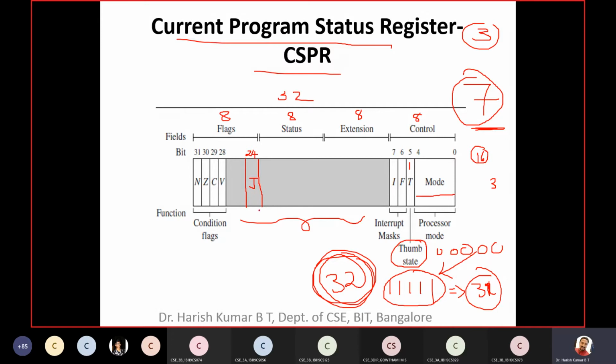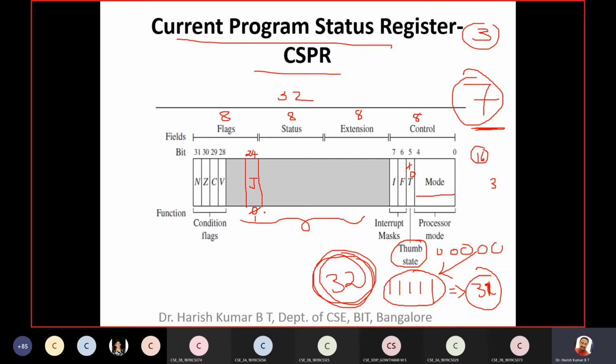Now if this Jazzle bit is 0 and the thumb bit is 1, your microcontroller operates in the thumb state. Say I want to make the microcontroller operate in the Jazzle state. I need to make this 24th bit 1 and this 5th bit 0. Now your ARM microcontroller operates in the Jazzle state.